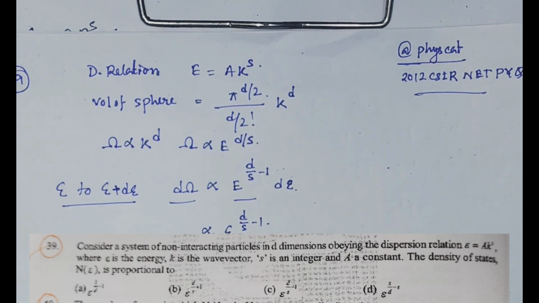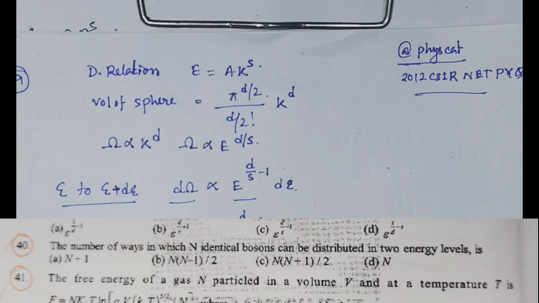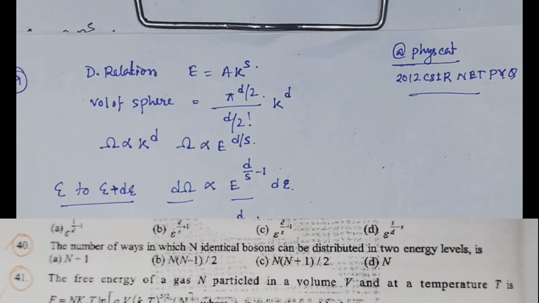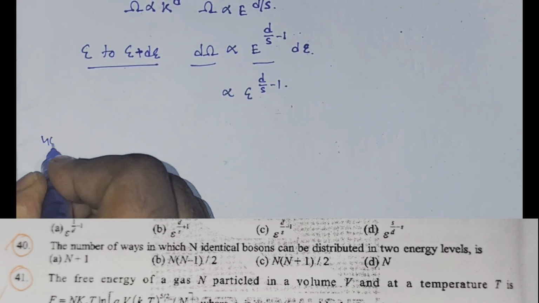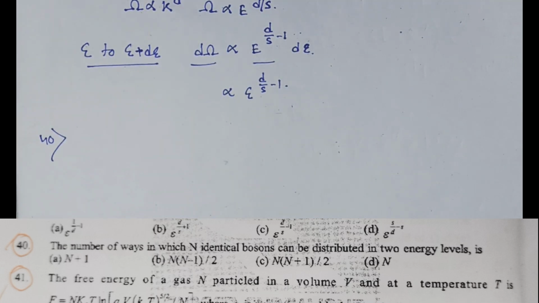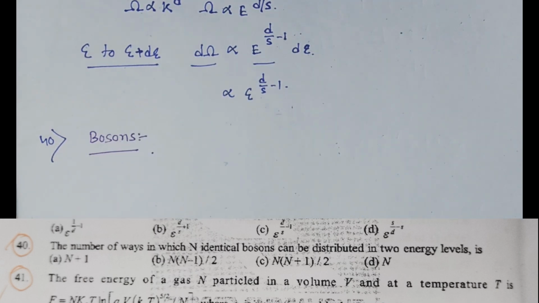Now let's jump into the next question, 40. The number of ways in which n identical bosons can be distributed in two. I have got the information that the particles are bosons.